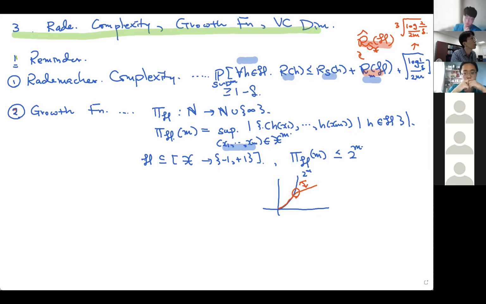I didn't prove the result, but I showed that using this growth function we can get a generalization bound.